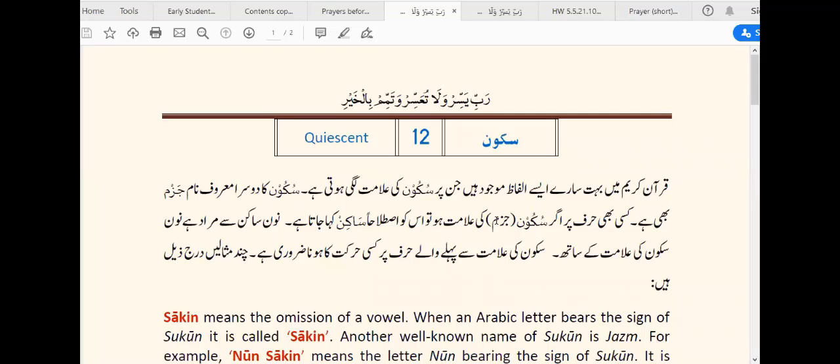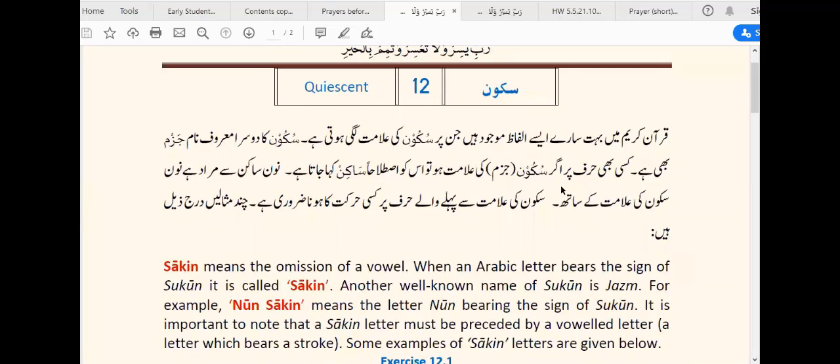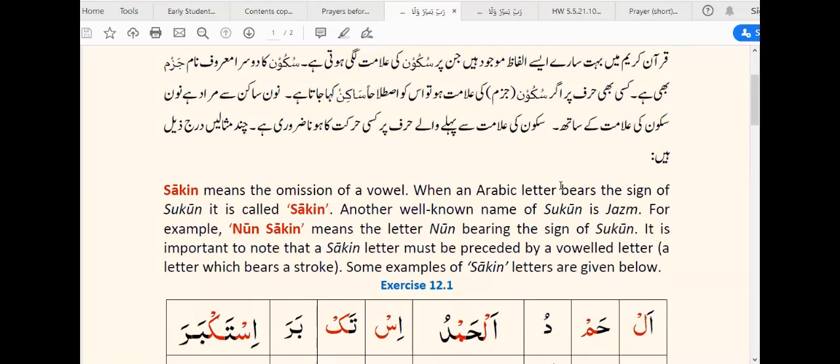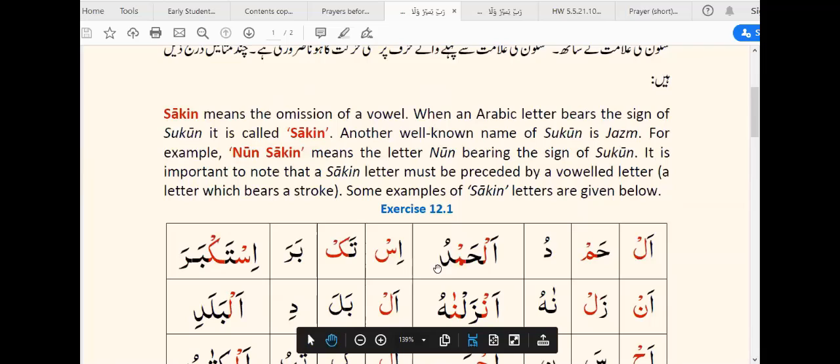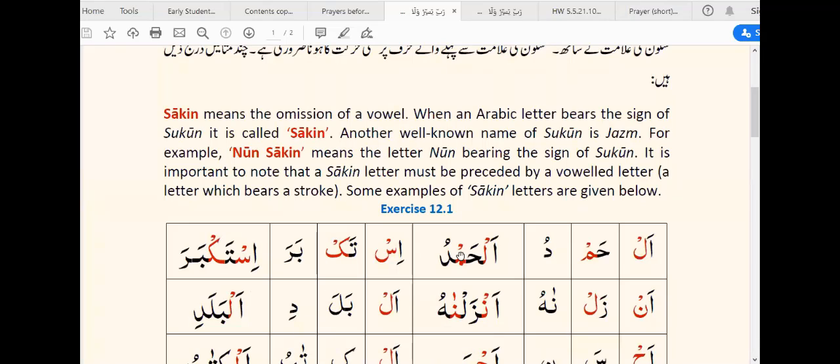So lesson 12 is quiescent, that means sukoon. Whenever a letter has this symbol on top of it, this symbol is known as sukoon, or a sakin letter.